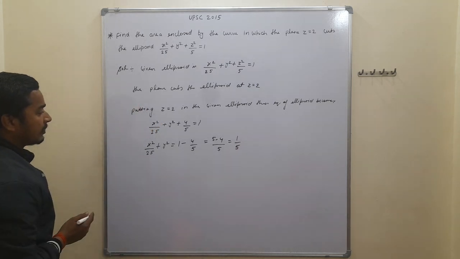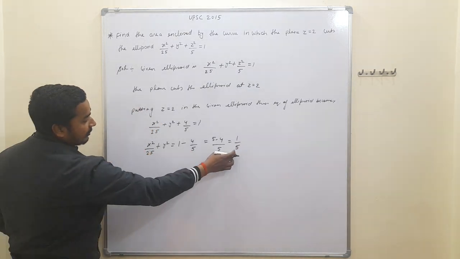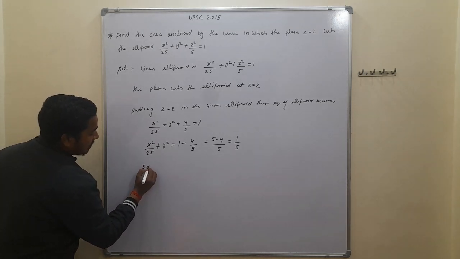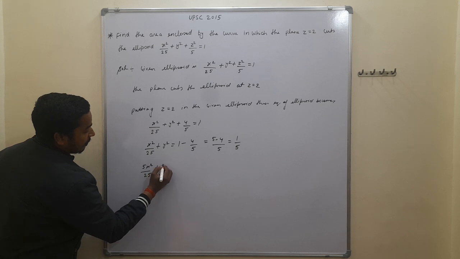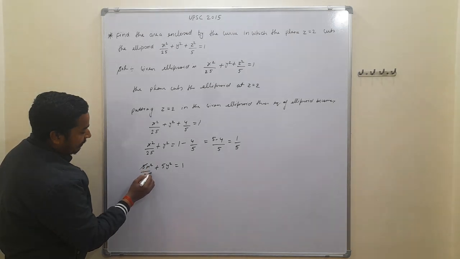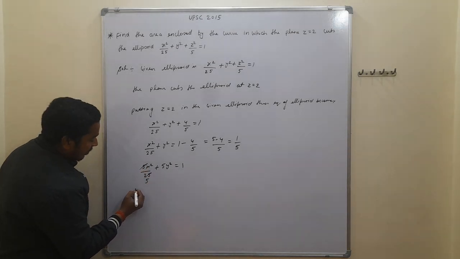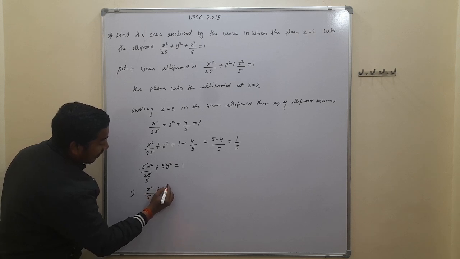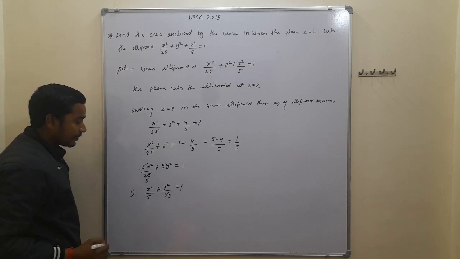And multiplying by 5 with cross multiplication, this is written as 5x square upon 25 plus 5y square is equal to 1. And from here, 5 times 5 is 25, so the equation becomes x square upon 5 plus y square upon 1 by 5 is equal to 1.